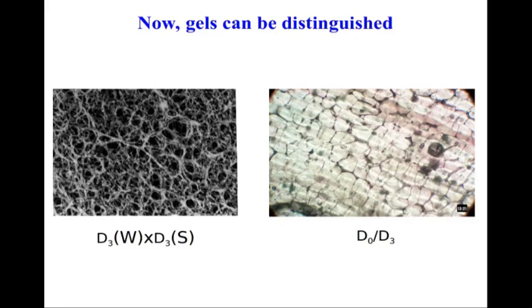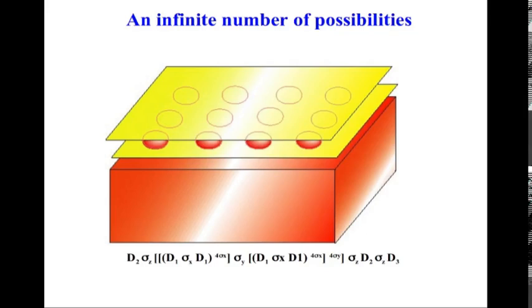And now we can distinguish among gels. So you see, there are two gels, gelatin on the left, shallots on the right, plant tissue, and they don't have the same formula. And this is very important because these systems don't behave the same. So if you want to study their behavior, you need to have a clear description.